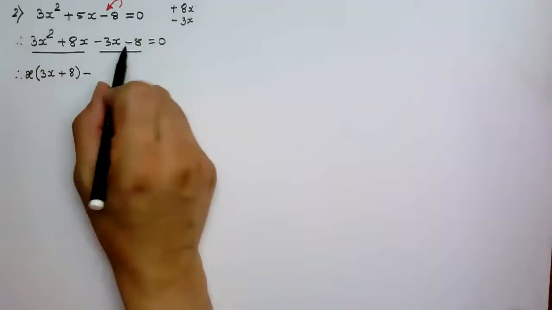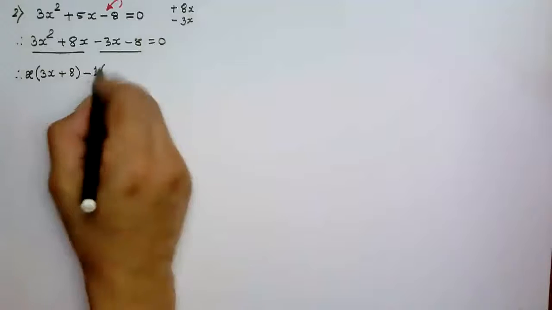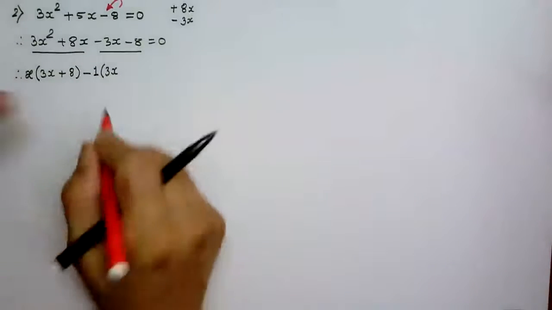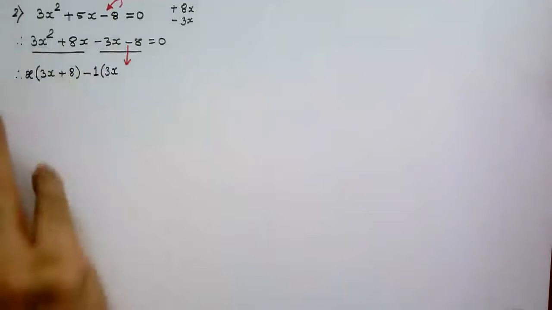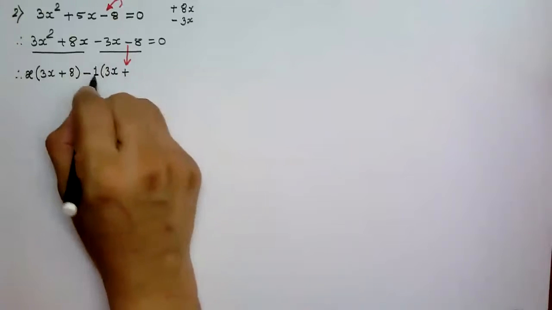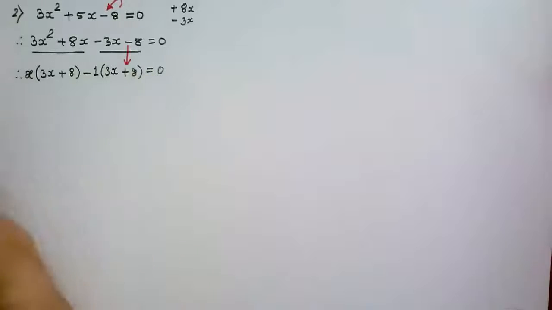If nothing is common, then you should mean that 1 is always common. 1 3s are 3x. As there is a negative sign over here, the sign inside the bracket must be changed. So this negative will become positive. 1 8s are 8. That's equal to 0.